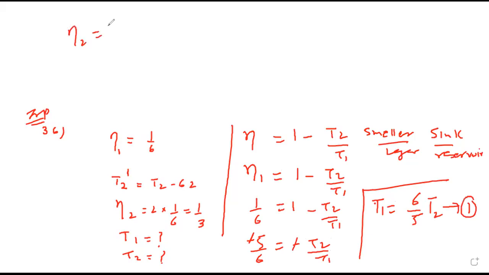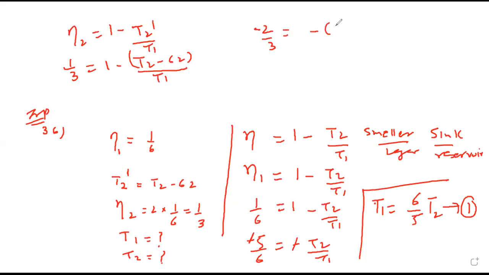Then eta 2 is 1 minus T2 dash upon the same T1. That means 1/3 is 1 minus T2 minus 62 upon T1. That is minus 2/3 equals minus T2 minus 62 upon 6/5 T2.